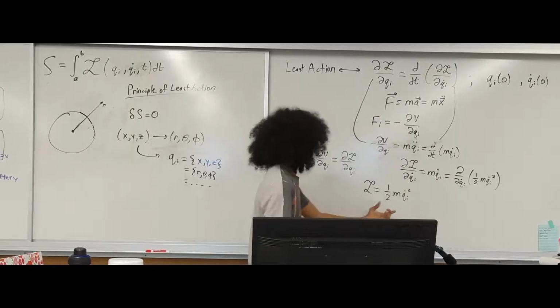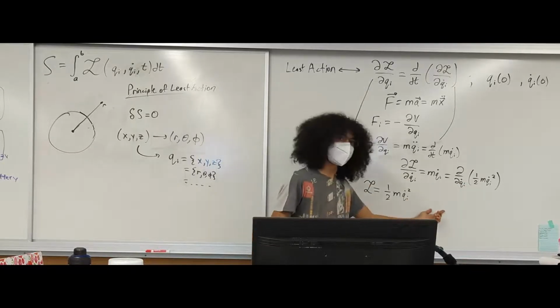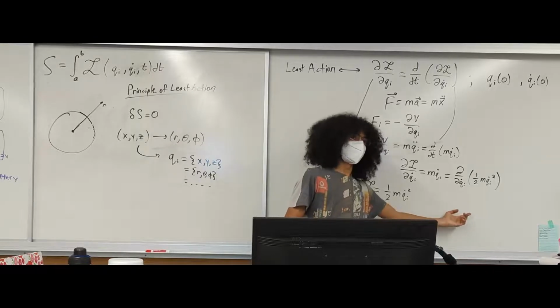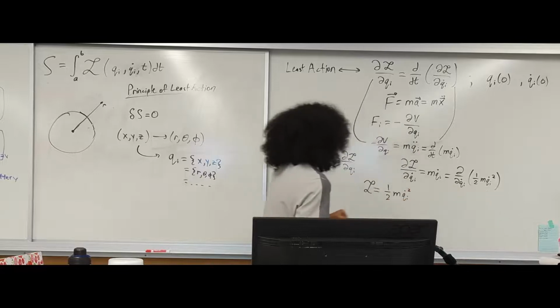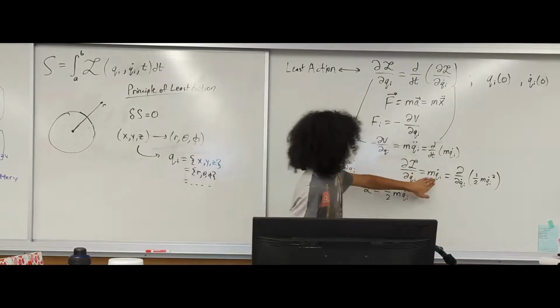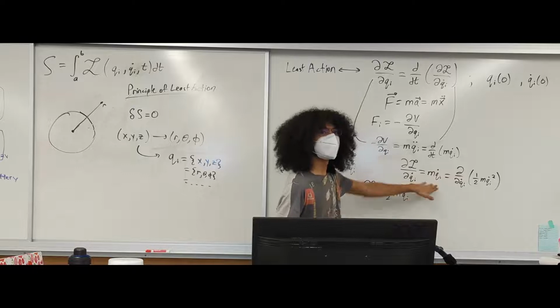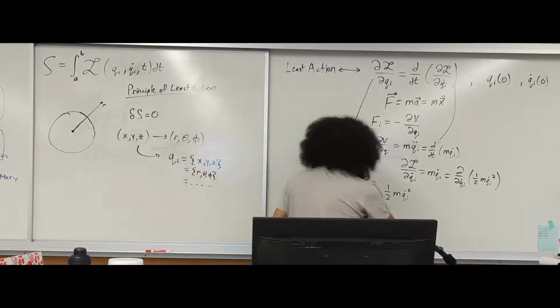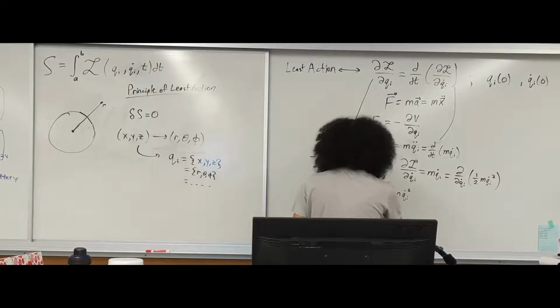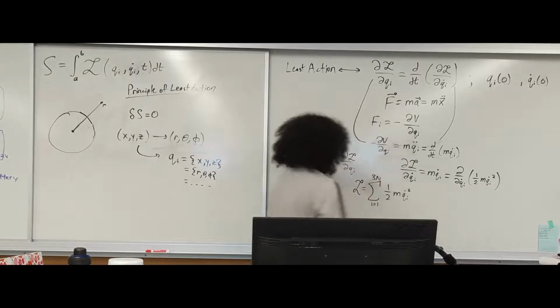So we'd have the kinetic energy in one direction plus the kinetic energy in another direction plus the kinetic energy in the z direction, and then that for every particle. And once you take each of these derivatives, you would get this. Let me just write it in to make it less confusing. So I'm summing over all the i, from 1 to 3n.